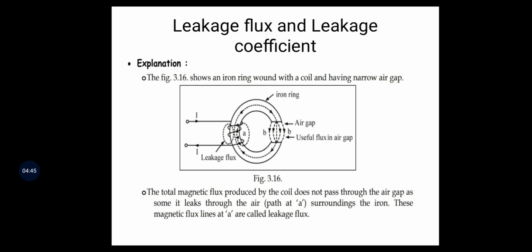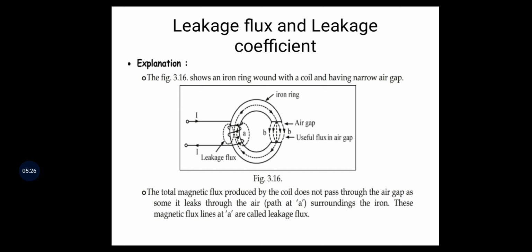The total magnetic flux produced by the coil does not all pass through the air gap, as some of it leaks through the air surrounding the iron.